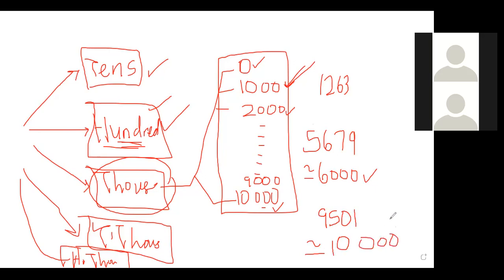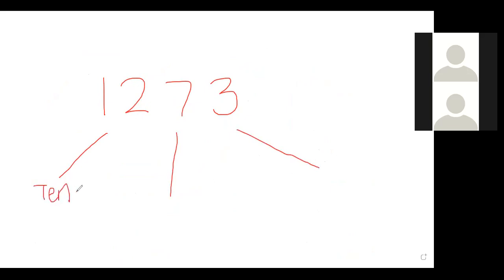Okay. Now at this point, maybe I can also explain this. Okay, clear? Now let's say I have a number. Okay, 1,273. There are so many ways I can round off. If I want to round off to the nearest tens, look, I look at my tens.